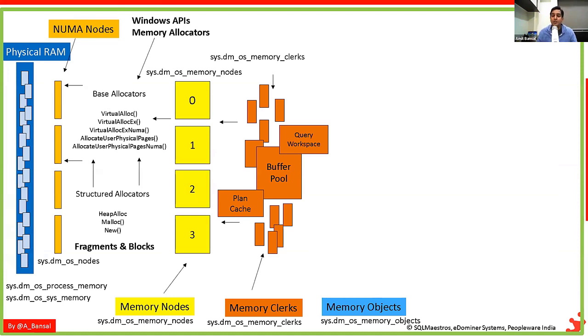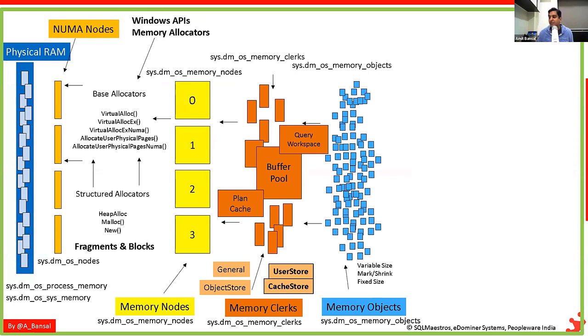In the upcoming demos, you will see that I use sys.dm_os_memory_clerks quite frequently to see where my memory, or rather SQL Server's memory, is being consumed. One more part of the diagram: general, object store, user store, and cache store. Typically, clerks are divided into these 4 categories. What's important for us to know is about the cache store, and I'll come to cache stores in a moment.